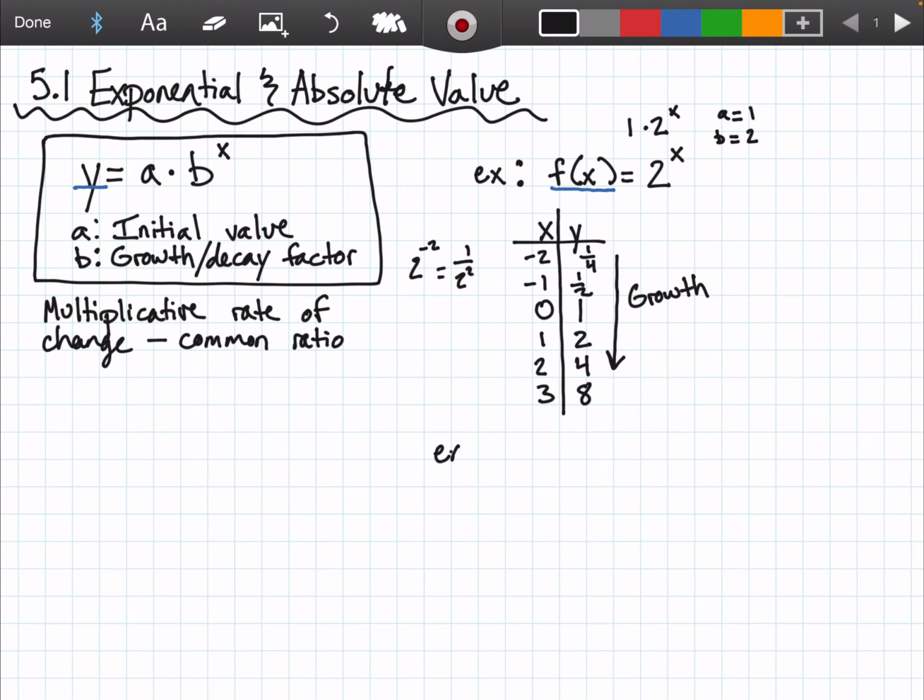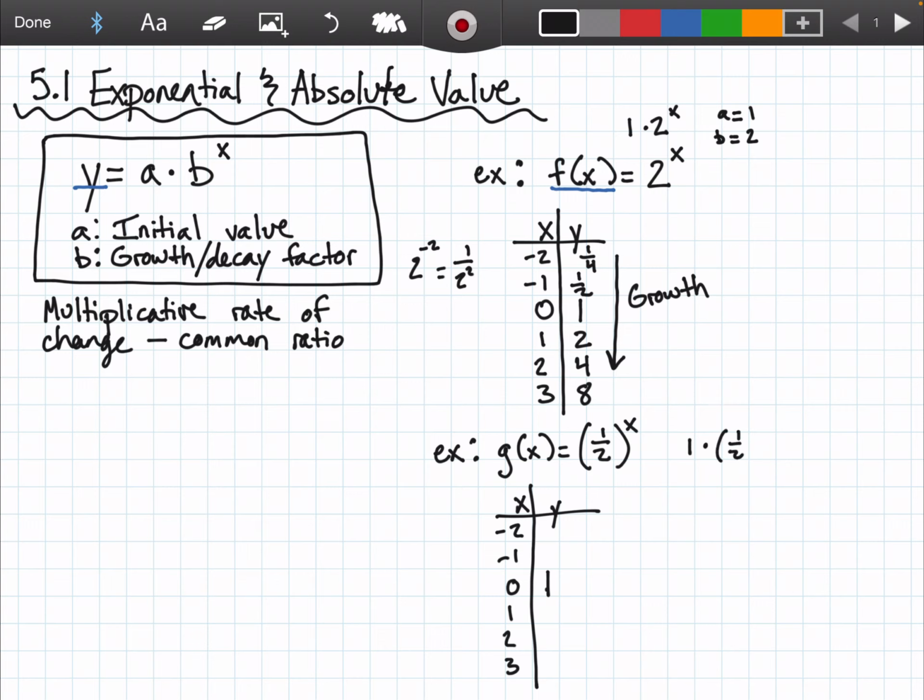Let's look at another example. Let's say I have a different function, g of x equals 1/2 all raised to the x power. I'm going to start with 0 again because anything to the 0 power is 1. And that follows because another way we could write this would be 1 times 1/2 to the x.